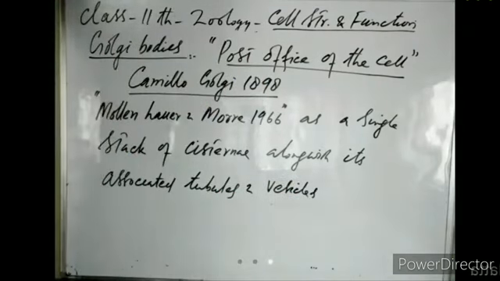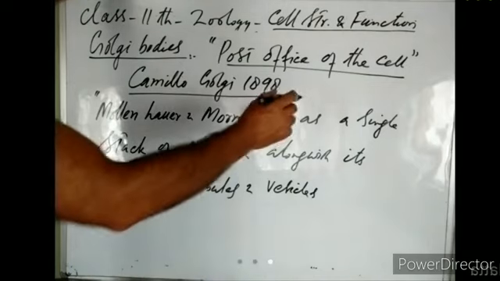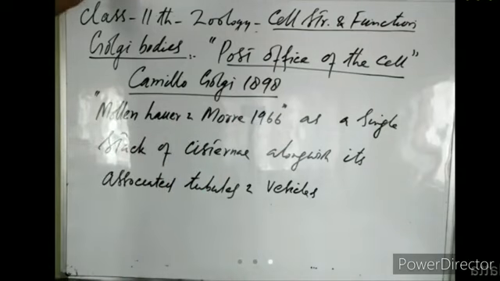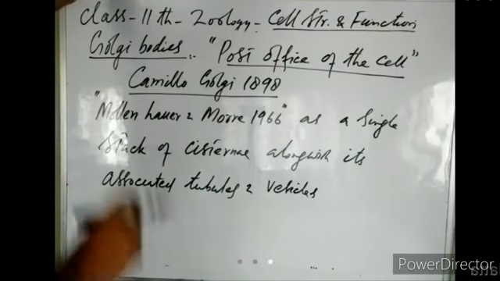So a Golgi body was defined by Mollenhauer and Moore in 1966 as a single stack of cisternae along with its associated tubules and vesicles. So this is the definition of a single Golgi body.